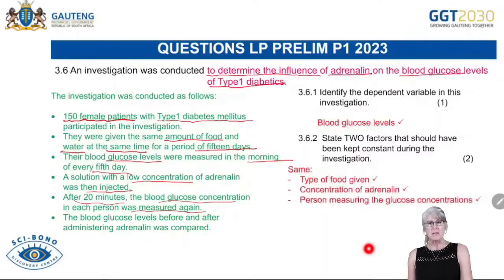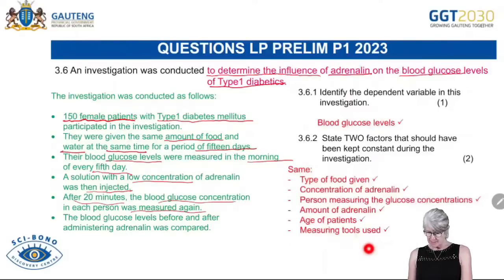The person measuring the glucose concentrations must be the same person, so that they measure it in the same way. The amount of adrenaline given to the patients or the participants must be the same. The age of the patients should all be the same, because possibly at different ages the metabolism would be different. The measuring tools that they used must be the same. The body mass of the patient should be the same. And any 2 of those you can give.